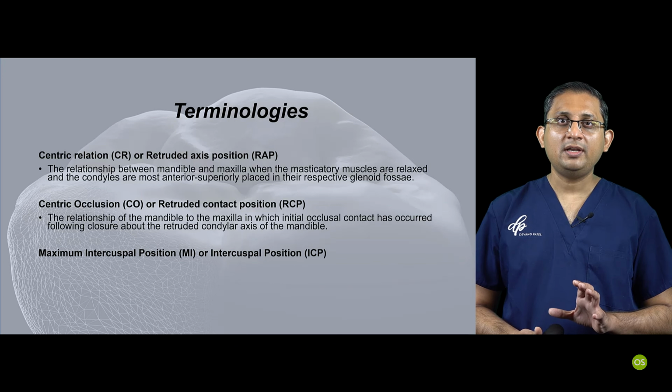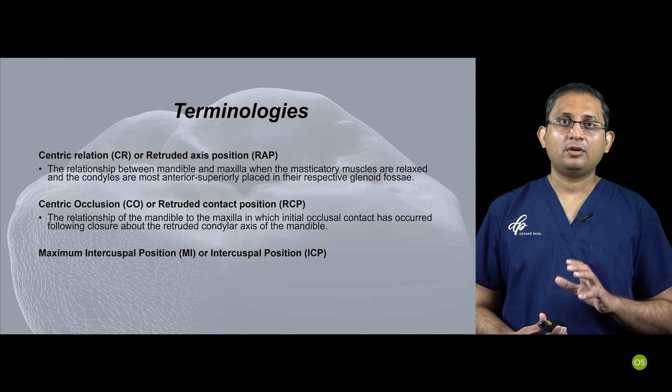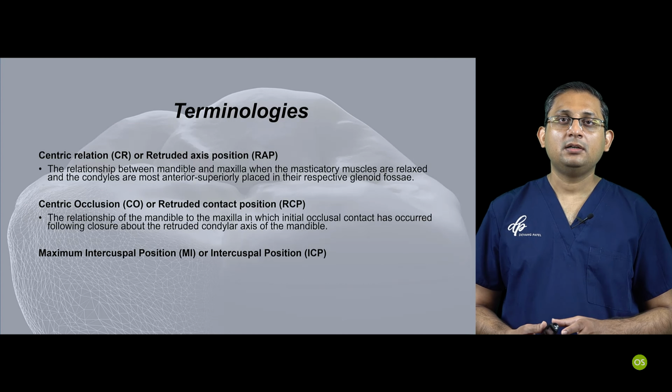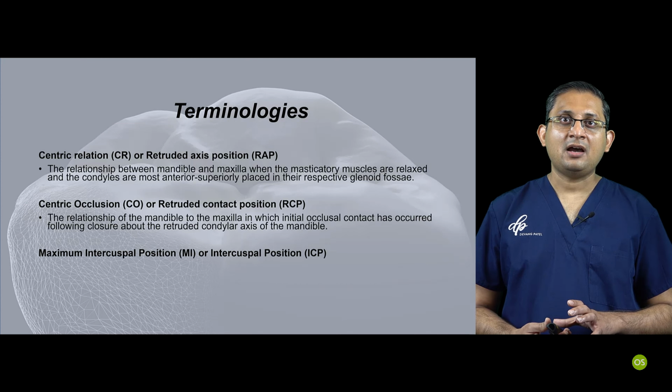So when it's doing purely rotational movement, in 90% of patients, when they close, they usually have one tooth contacting first. And that first contact is called centric occlusion, which means the jaw or condyles are in a centric, which is centered, relationship, and now you're occluding, although probably at just one point.